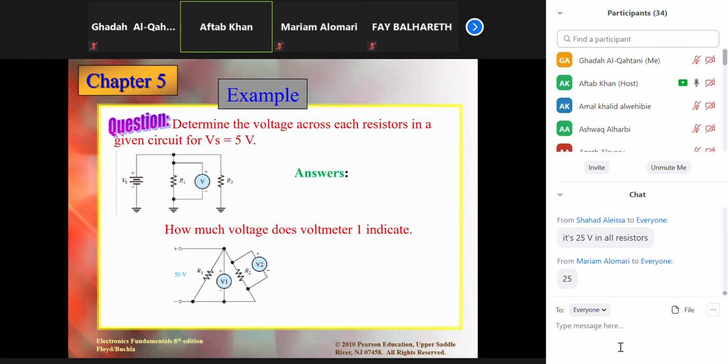What is this V here in the picture? Confusion? Battery.